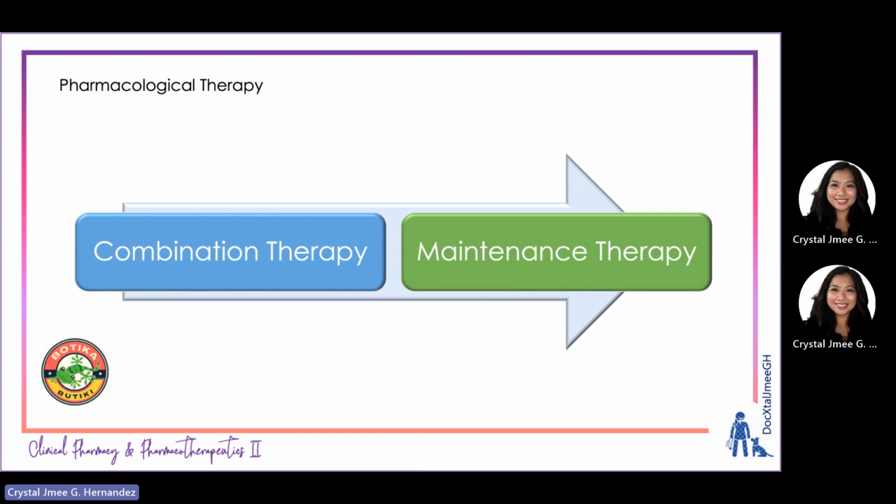Normally, maintenance therapy can also be observed if there's an intention to prevent the complication and worsening of esophageal function, especially in the presence of other diseases that cause the GERD. So it may be required to have a long-term treatment in coordination with the treatment for the main condition.